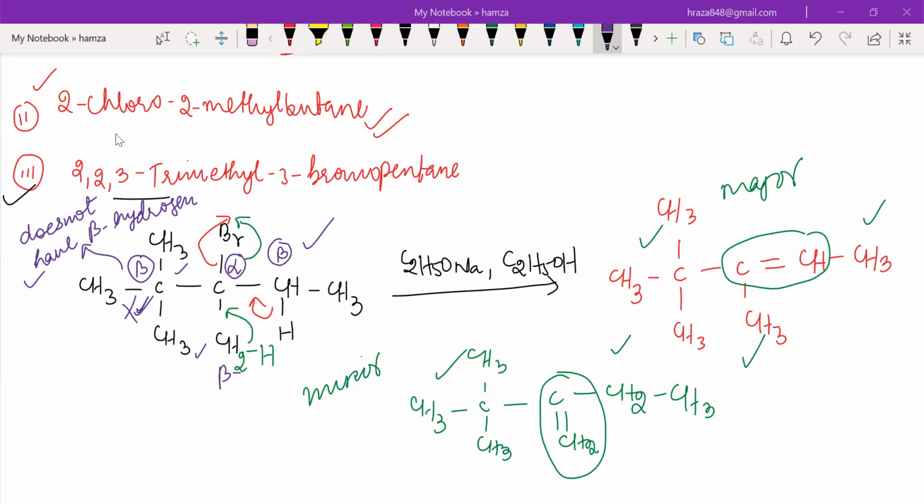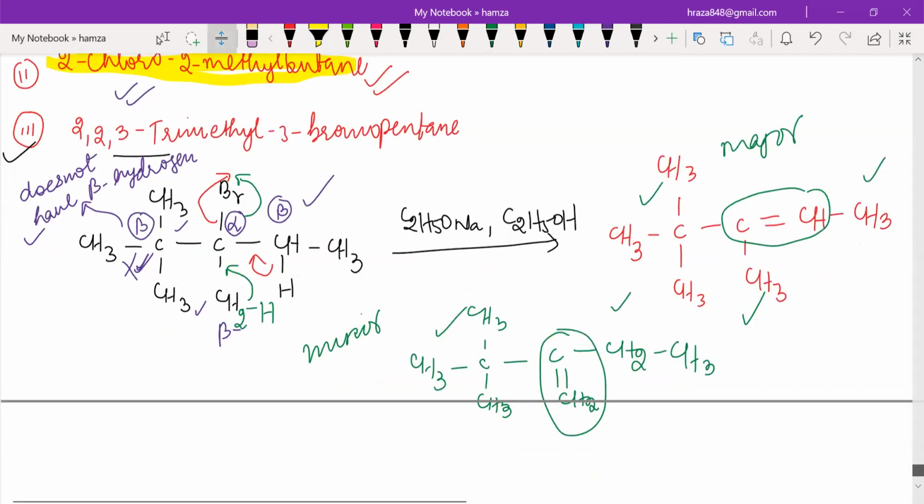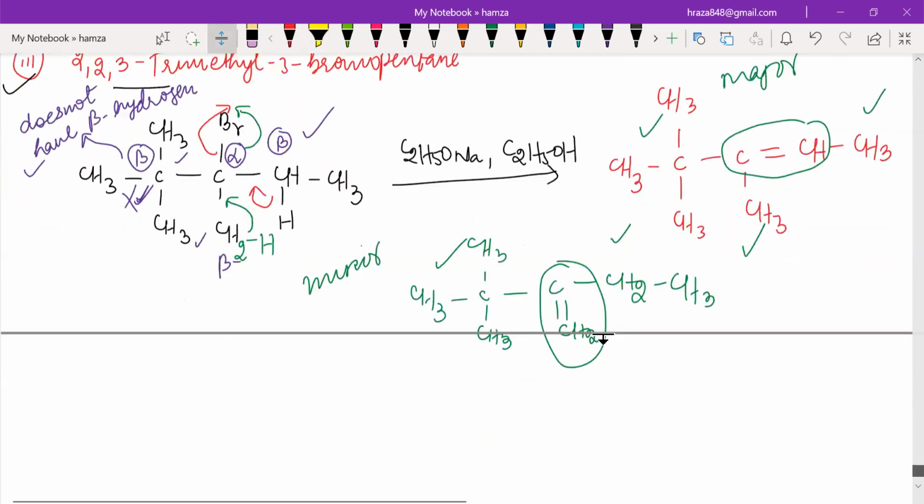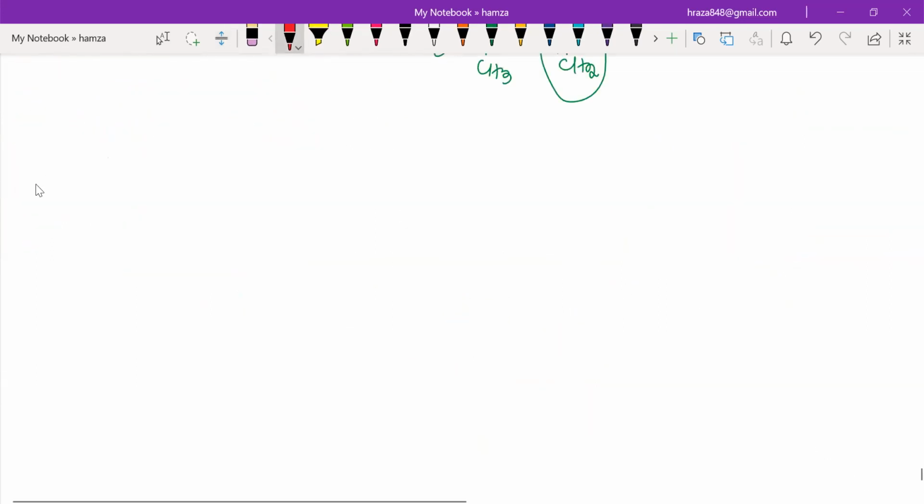So, do you need explanation for this 2-chloro-2-methyl-butane? Yes, sir. So you can see the structure will be CH3, then CH3, and then Cl, and then CH2, and then CH2.